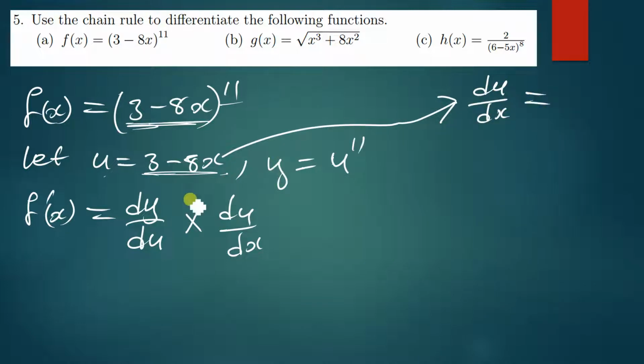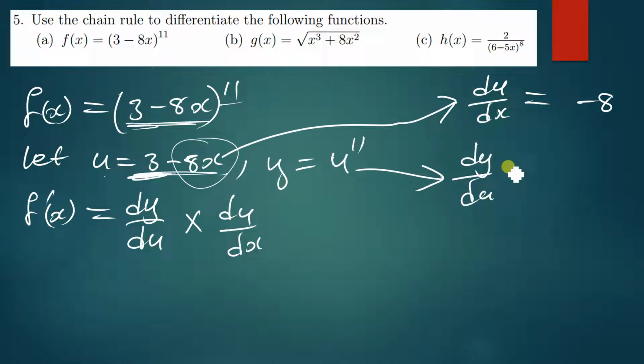The derivative of this constant there is 0, then the derivative of negative 8x is simply negative 8. We also differentiate this one here to find dy du. So dy du is simply 11 times 1, that will give us 11. Then you have u to the power 11 minus 1, that will give us 10.